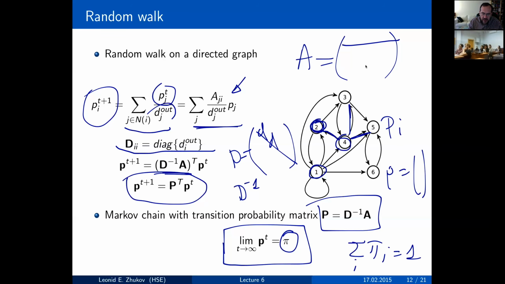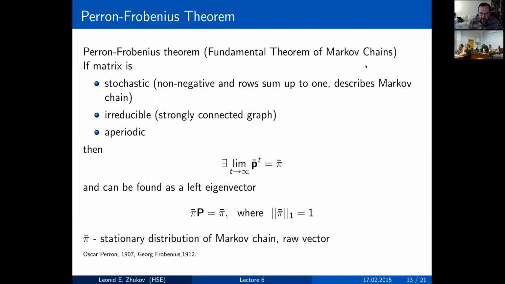Well, they're actually well known. In fact, those conditions were given originally by Perron and Frobenius at the beginning of the century. It's called the Perron-Frobenius theorem if it deals with general matrices. If we talk about the Markov chain matrix, then it's called the fundamental theorem of Markov chains.